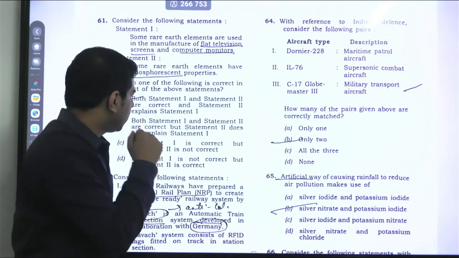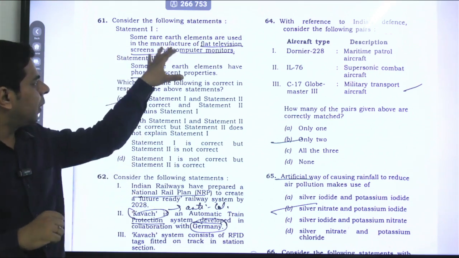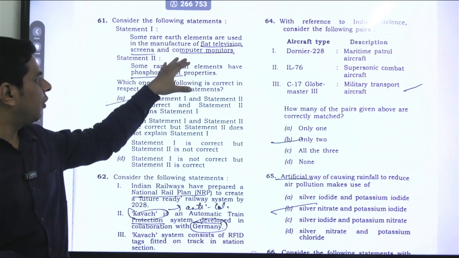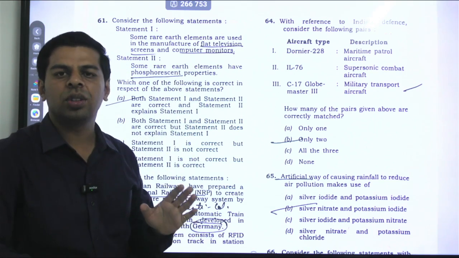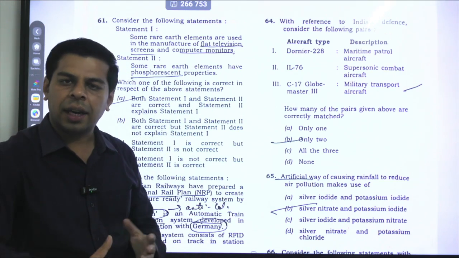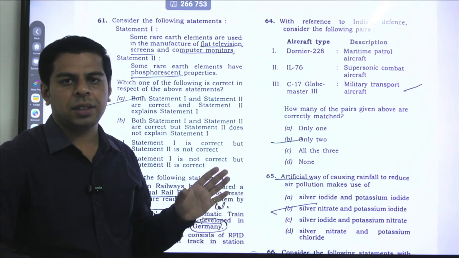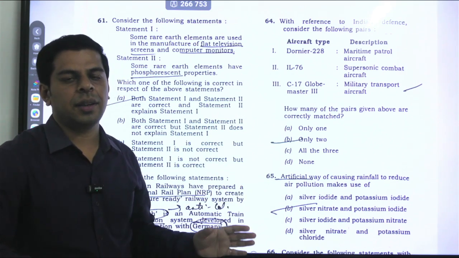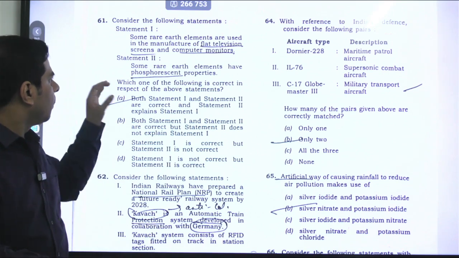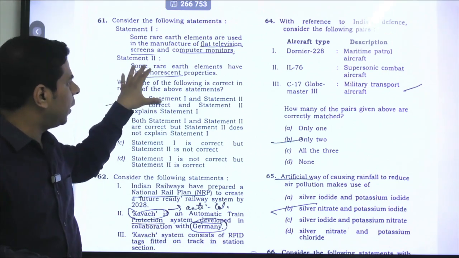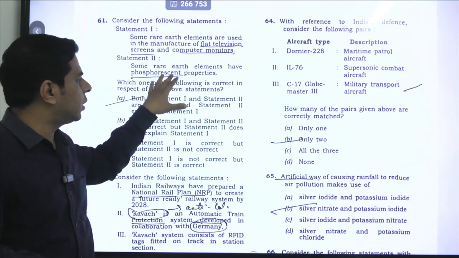Now coming to the 61st question: some rare earth elements are used for manufacturing flat TV screens and computer monitors. Once again, this is a correct description. Rare earth elements have revolutionized the electronic sector, and we see the dominance of China especially in this sector. Now the second statement says some rare earth elements have phosphorescent properties.